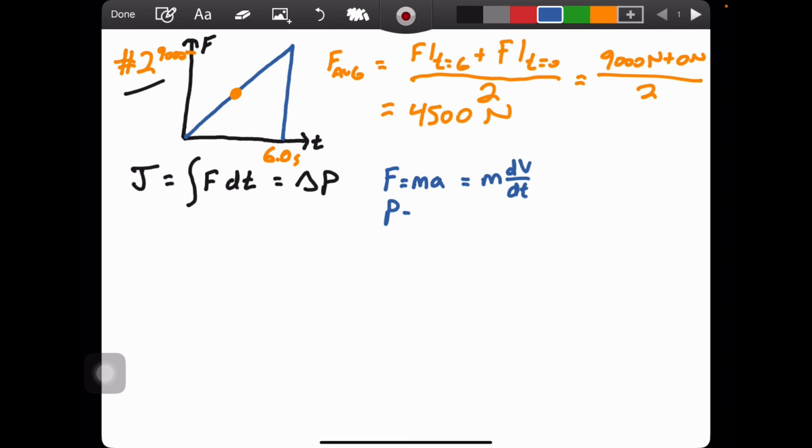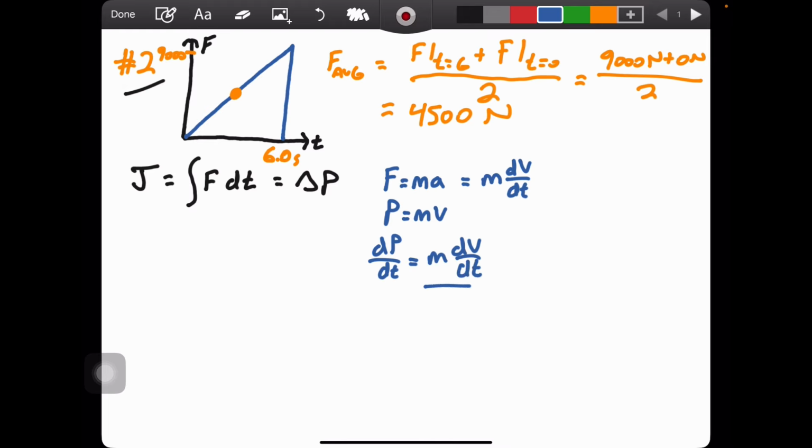Momentum is defined as mass times velocity, not to be confused with mass times acceleration. Now, let's say that I want to take the time rate of change of momentum, which is to say that I would go dp dt. Mass is a constant, so that would come out and it would be m dv dt.